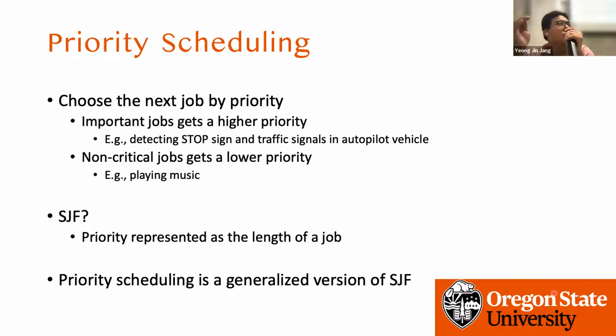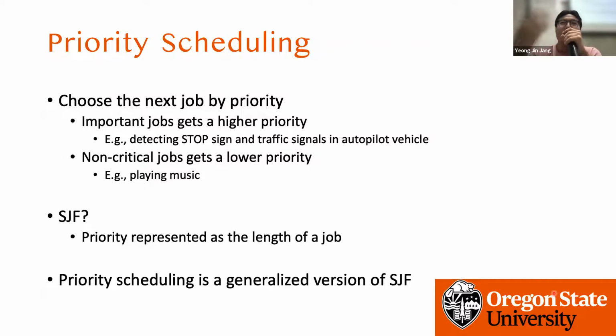And then what it will do is, based on the priority number, the scheduling algorithm will determine which job needs to be scheduled next. The use of priority scheduling is for responsive programs.